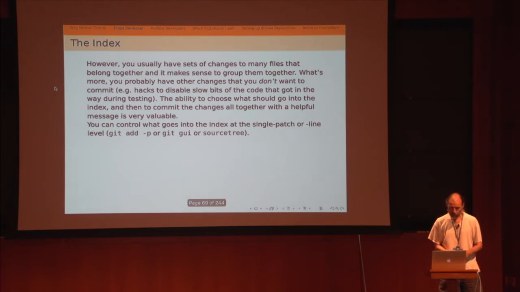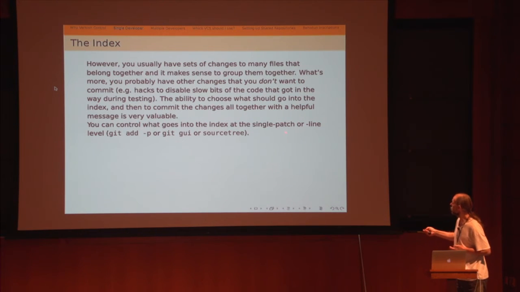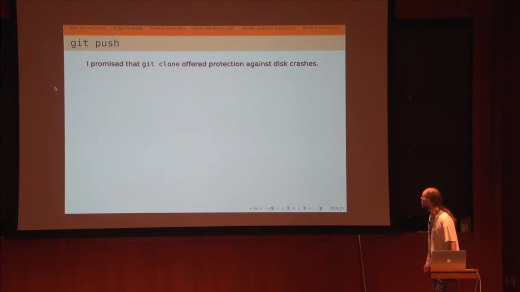So, the ability to mix and match what goes into the index is actually quite valuable. And you can do that down to the single line level. If you're a masochist, you can do it with git add -p, but I would actually use a GUI or something like that.